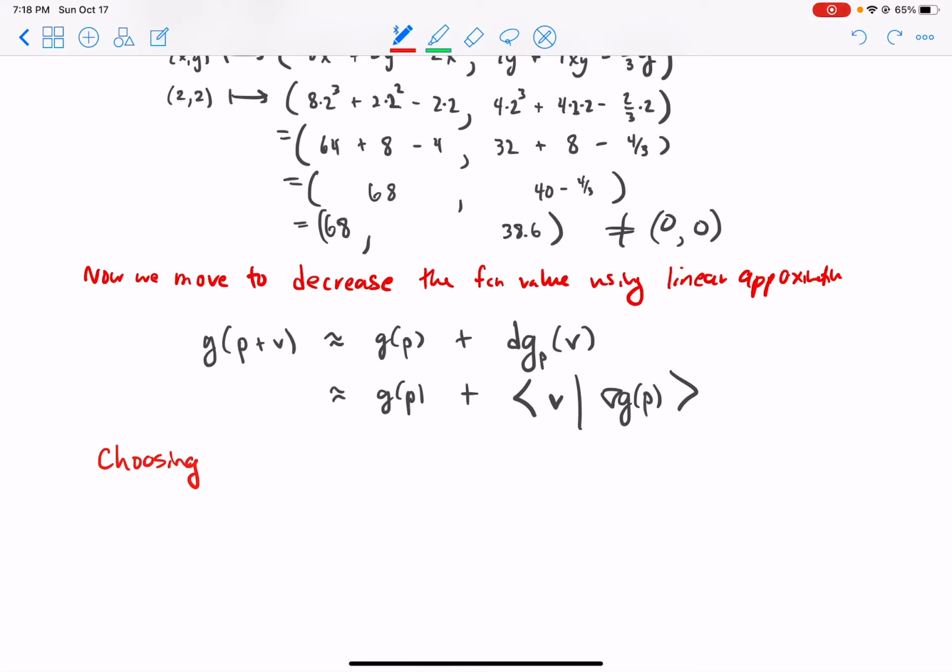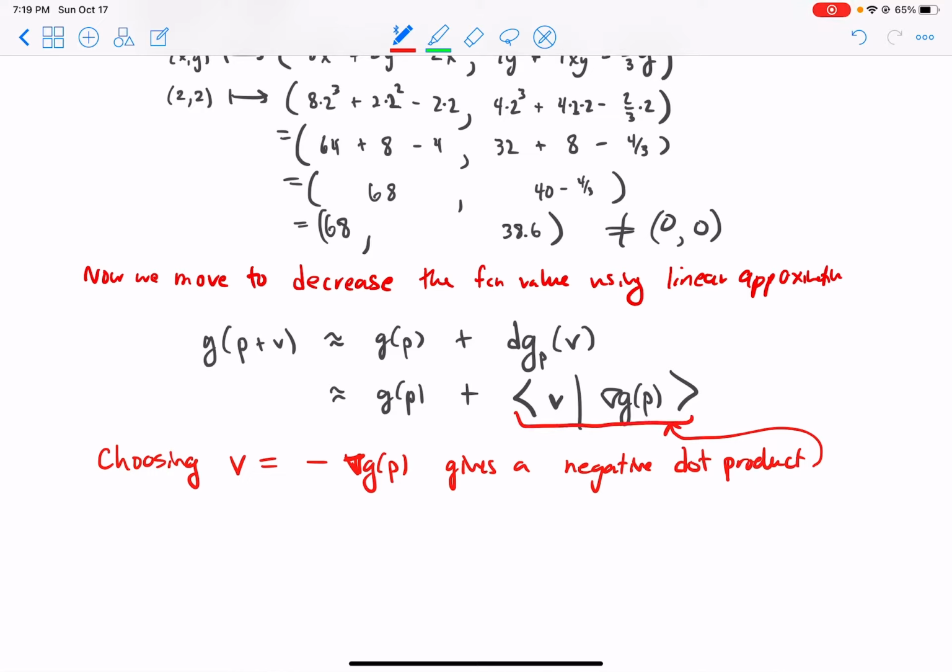Choosing v equals negative the gradient gives a negative dot product here, right?